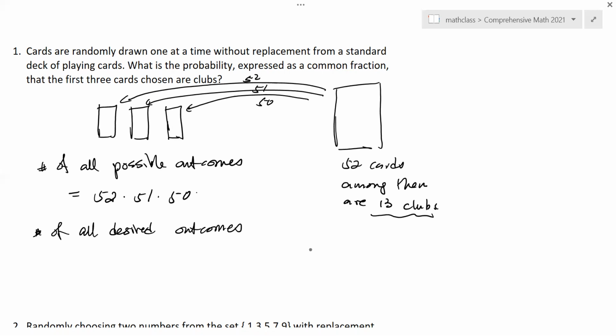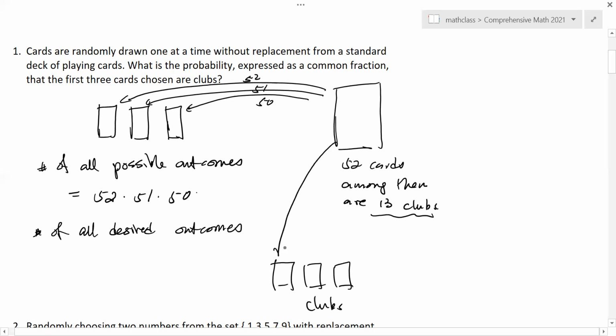So here's 1, 2, 3. The first one, you only select from 13 clubs, so there's 13 choices. And then 12 cards left, 12 choices, then 11 choices. So this will be 13 times 12 times 11.